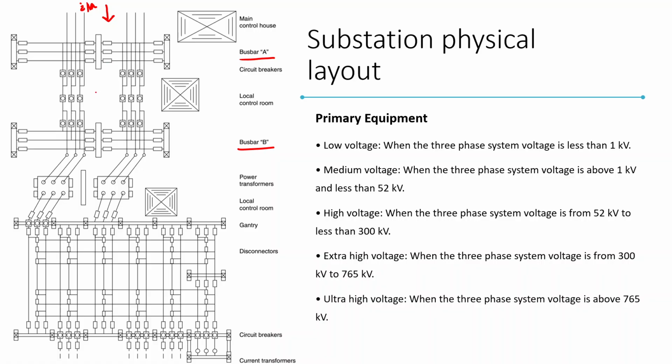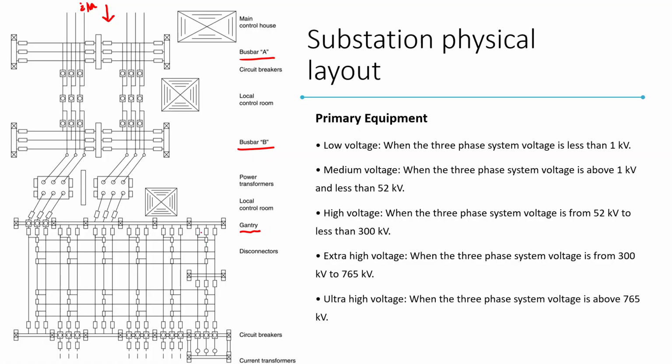And then from here you have the power transformers, coming from there for the bus bar, and then you have the gantry here, and the different feeders going out with all the protection and everything, right?